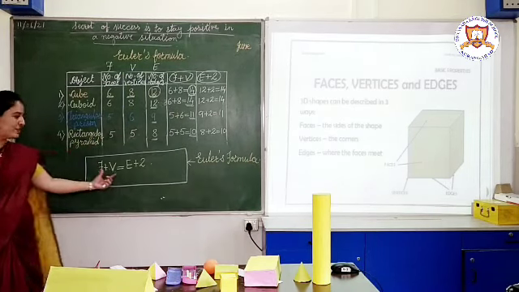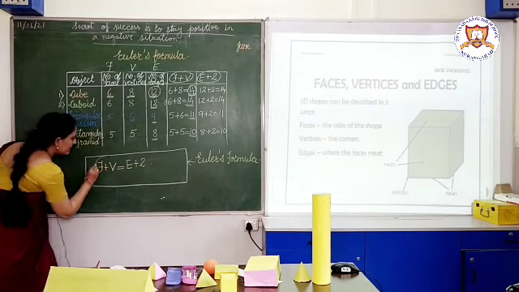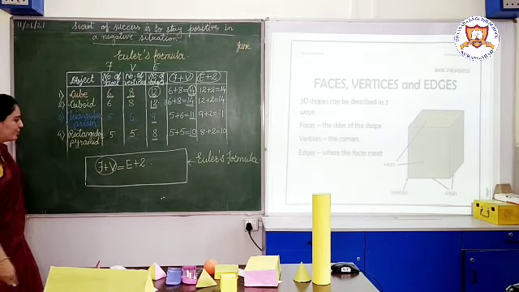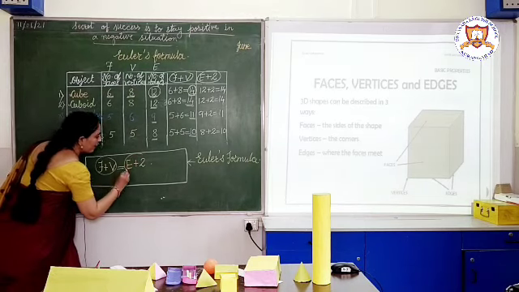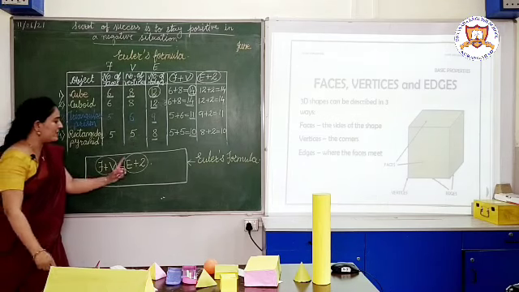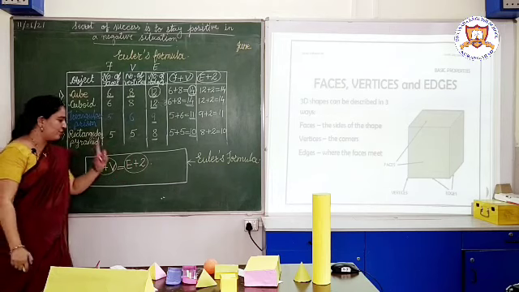This is Euler's formula. What he has researched: the sum of faces and vertices is always equal to the number of edges plus 2.